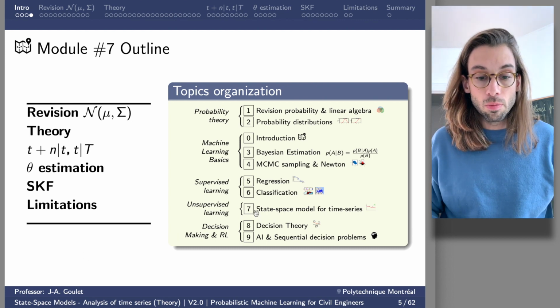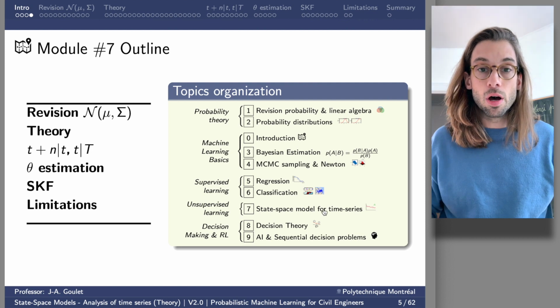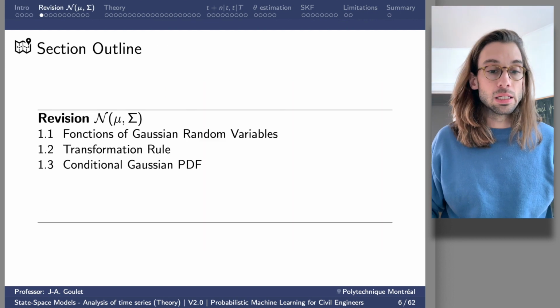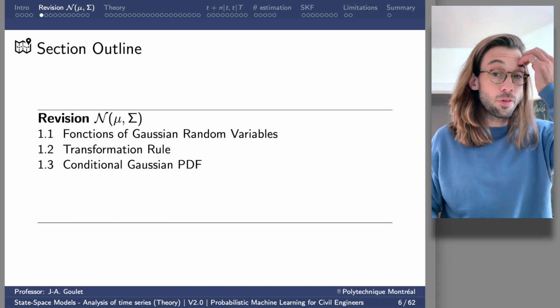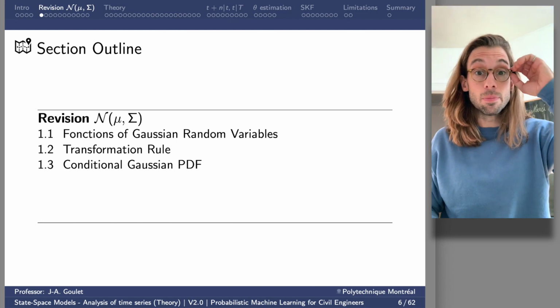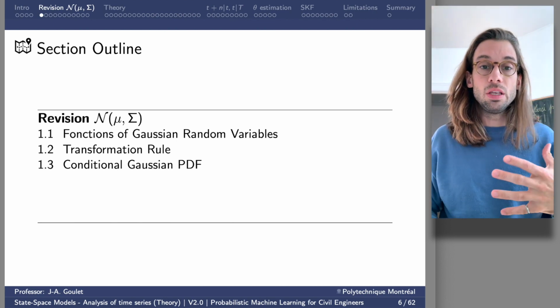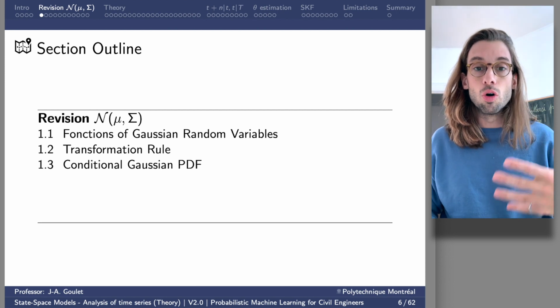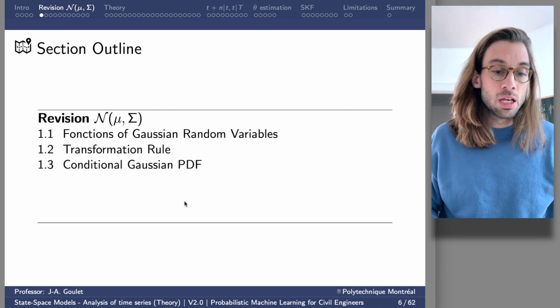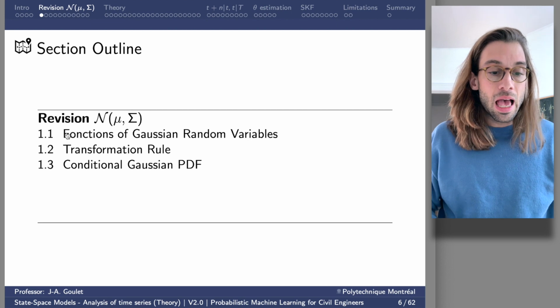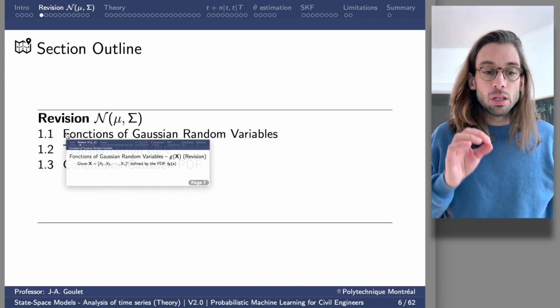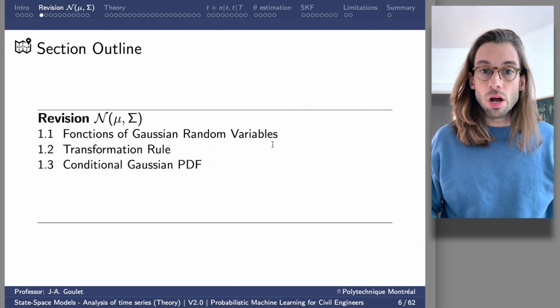We're in module 7 here, state space models for time series analysis. In the first section, we're going to review the key concepts associated with the multivariate Gaussian or multivariate normal distribution. The first key question is: what are the properties associated with functions of Gaussian random variables?